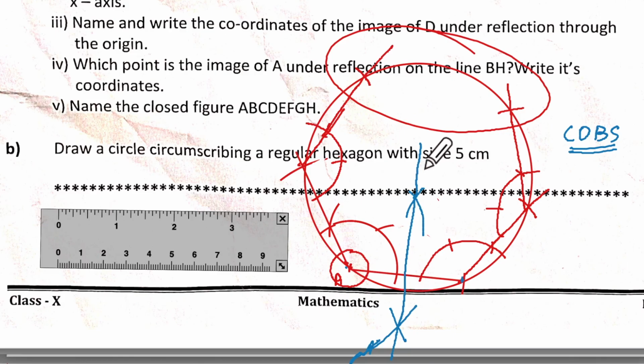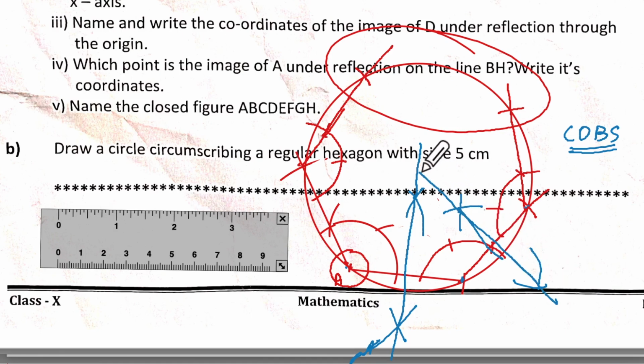Now don't mark the center right in the beginning. Then you can bisect this side also, and don't keep the arcs too long, not here and not here. Make sure that the radius that you've taken is just more than half. Understanding?